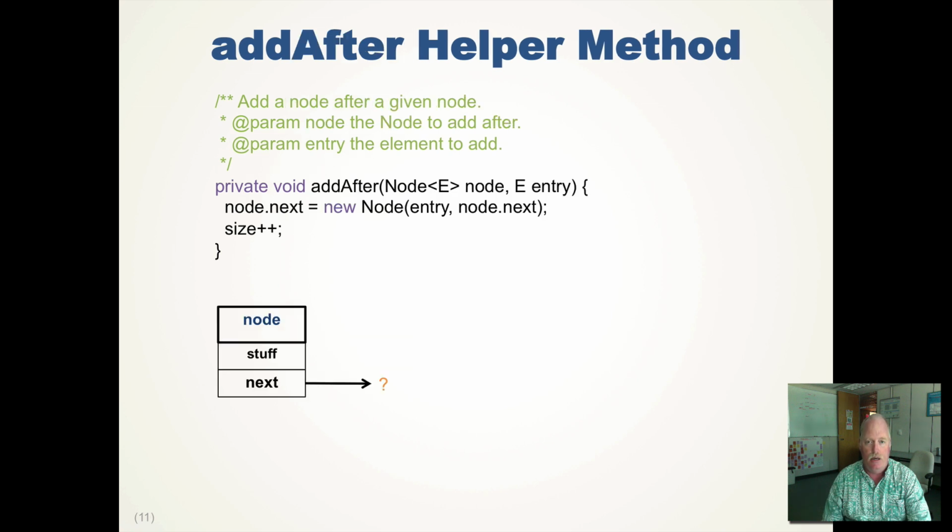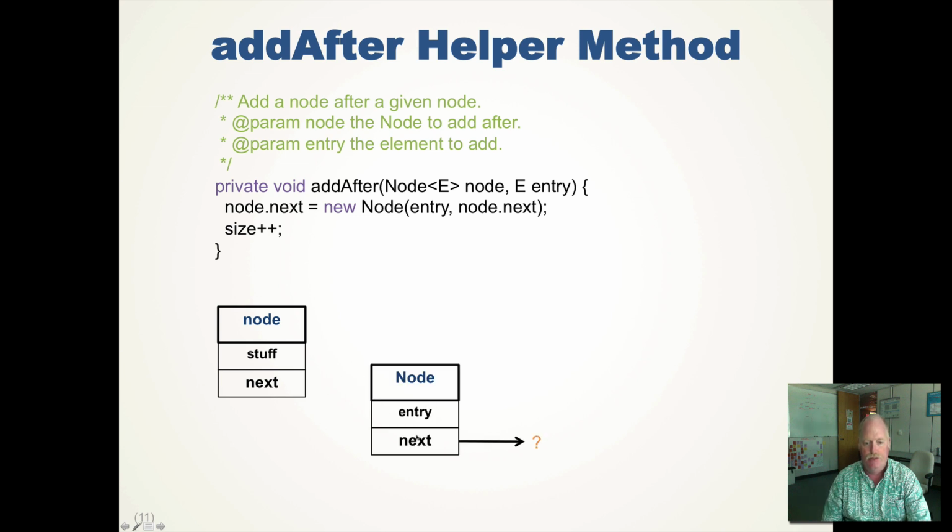The next helper method is to add after a node. We're going to add the entry after the node. Very similar to addFirst. We create a new node with the entry, and its next is whatever the node's next is pointing to.